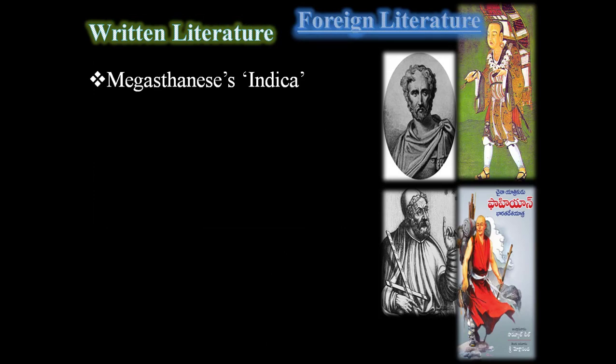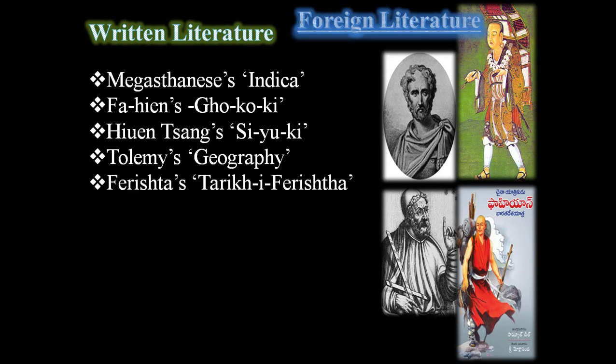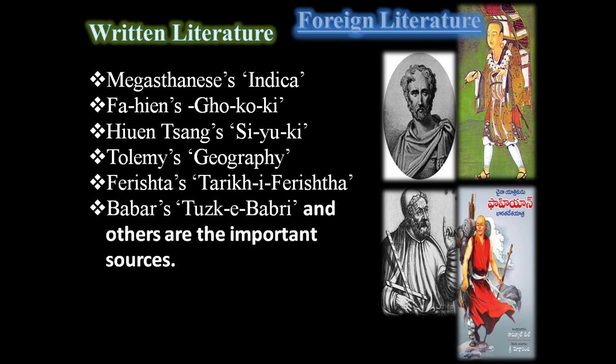Which works are given as foreign literature? Among them are Megasthenes' Indica, Fahien's Fo-Kuo-Ki, Hiuen Tsang's Si-Yu-Ki, Ptolemy's Geography, Ferishta's Tarikh-i-Ferishta, Babur's Tuzuk-i-Baburi. These are some of the very important sources considered as foreign literature.